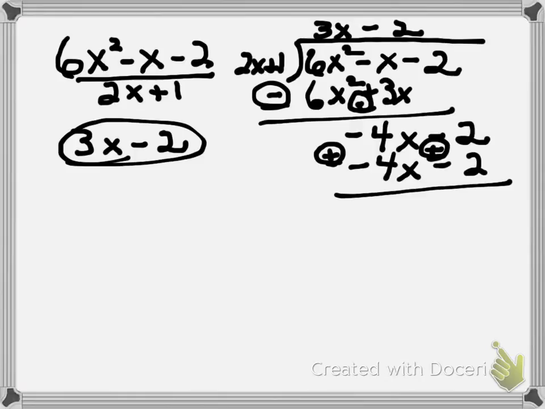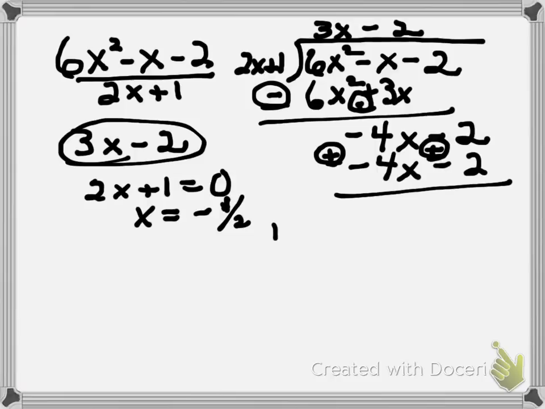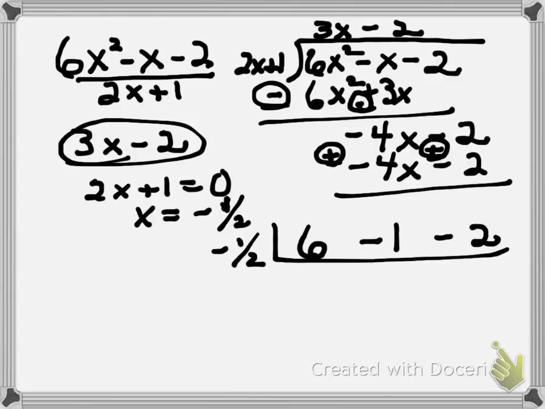Now, by synthetic division, I have 2x plus 1 equals 0. Solving for x, I get x is equal to negative 1/2. So I'm going to write this in synthetic division. The root or the solution is negative 1/2, and I'm putting the coefficients of each term in the dividend as 6, negative 1, and negative 2.